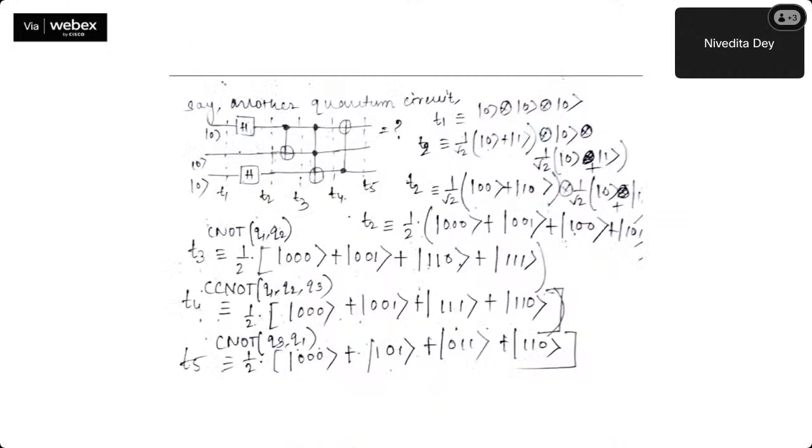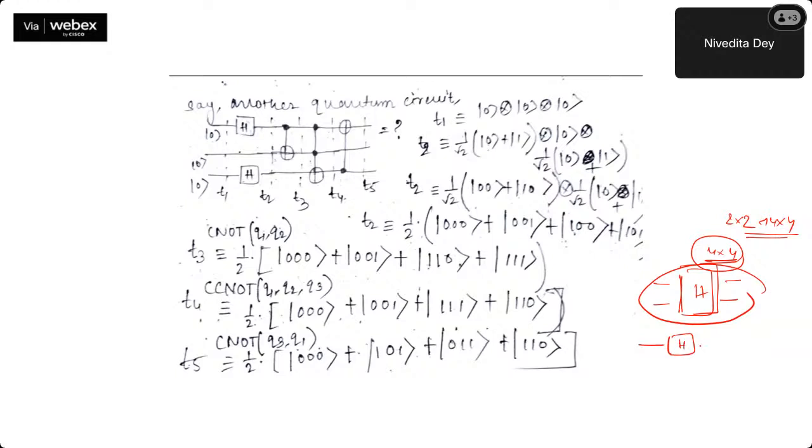Say another quantum circuit I have just written. What if we have two qubits with two Hadamard gates versus a big Hadamard gate? I told you about the big Hadamard gate: the H cross H, 4 cross 4 matrix, was how I could make it from a 2 cross 2 to 4 cross 4. But writing it in this way in a real quantum circuit is nothing but the breakdown. You can think of it in this way.